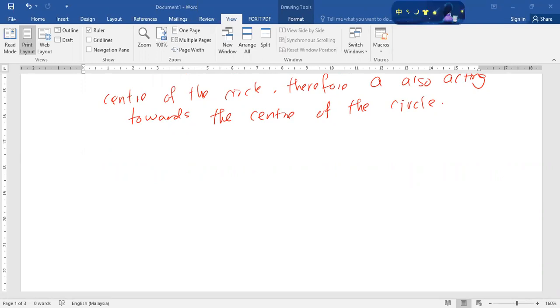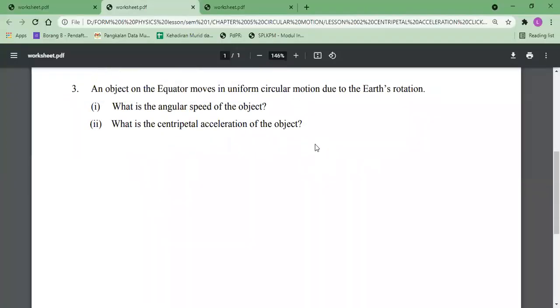Okay, so now we move forward to question number 3. An object on the equator moves in uniform circular motion due to the Earth's rotation. What is the angular speed of the object?